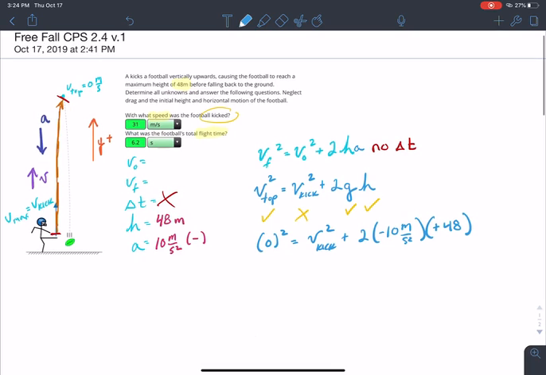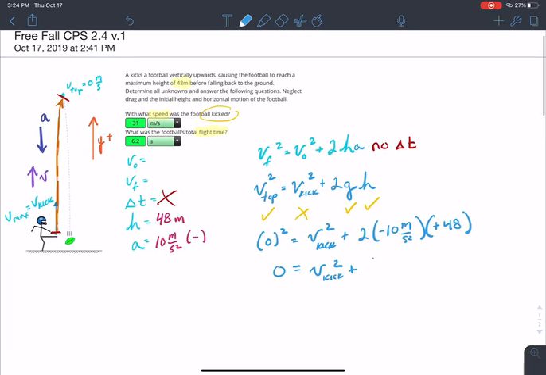So when we evaluate this, the 0 squared is 0. And we still have the v kick squared plus 2 times the negative 10 is a negative 20 times a positive 48. If you evaluate that out, we have v squared of the kick plus, that turns out to be a negative 960, is equal to 0.